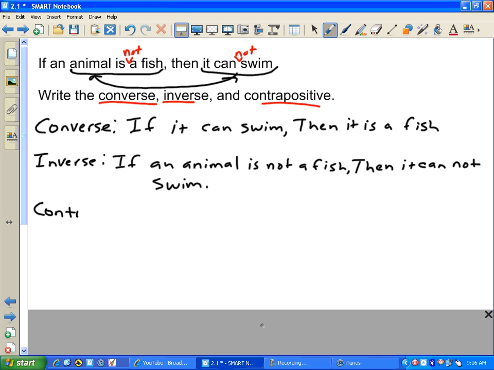And the contrapositive, I'm going to do both of these things. So I'm going to put the nots in and switch them around.